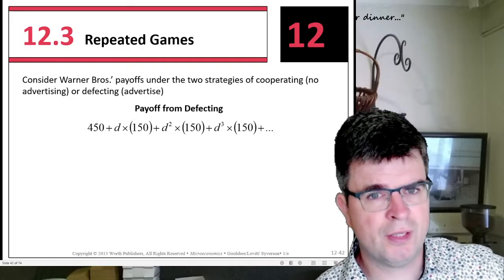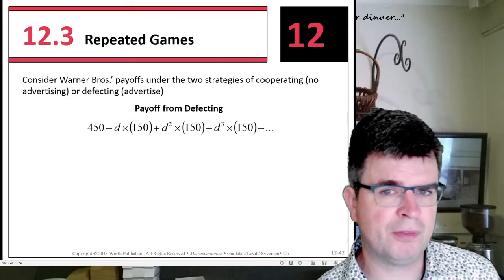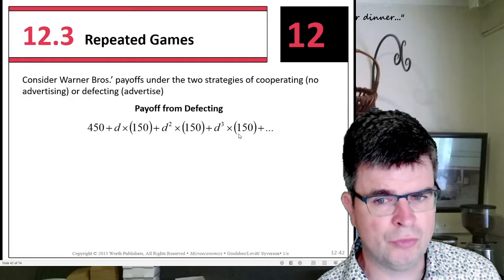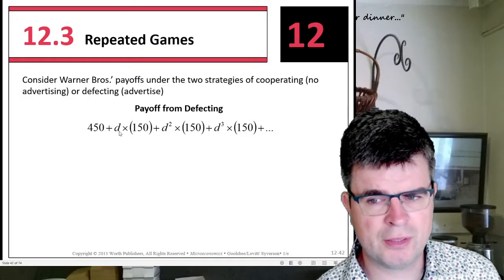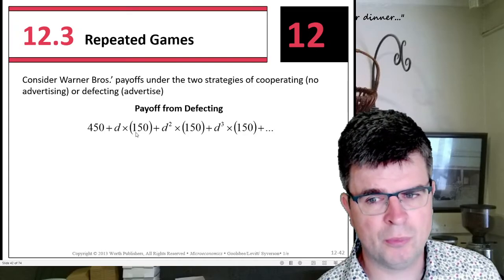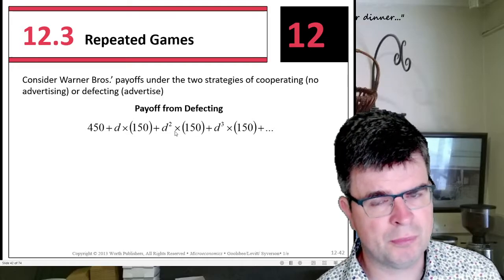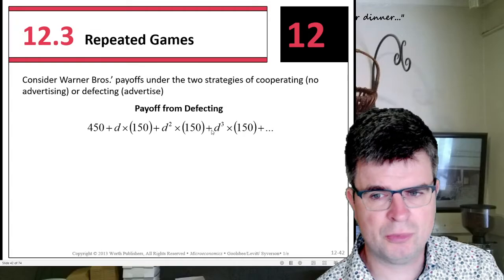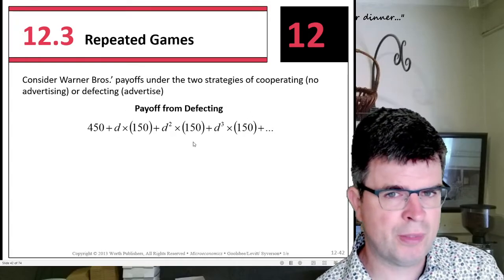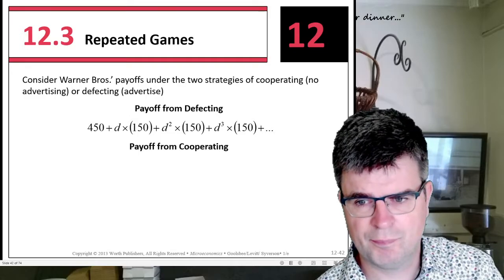And given that Disney advertises, the best thing that Warner Brothers can do is to advertise as well in all future periods, which will give it a payoff of 150 in each future period. And all future periods are discounted with a factor D. So the period one period ahead, the 150 is multiplied with D. The 150 two periods ahead is multiplied with D squared, and so on. So this is the present value payoff from defecting to Warner Brothers, given that Disney sticks to its strategy.